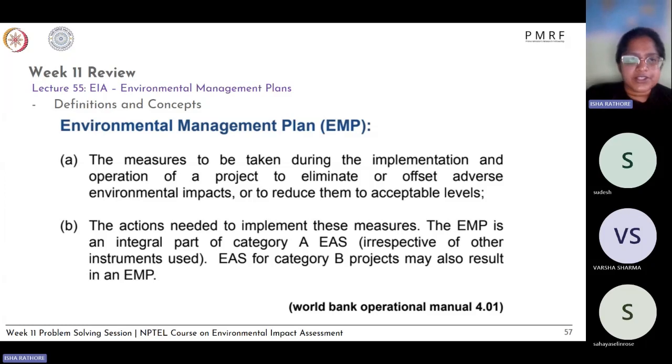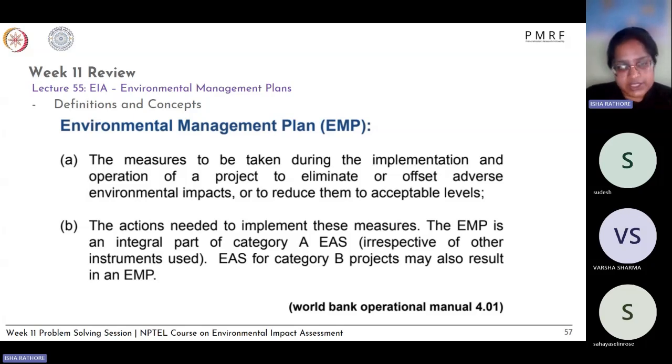Okay, then the last lecture for this week was the EIA environmental management plans. The environmental management plan or EMP comprises measures to be undertaken during the implementation and operation of a project to eliminate or offset adverse environmental impacts, or to reduce them to acceptable levels.